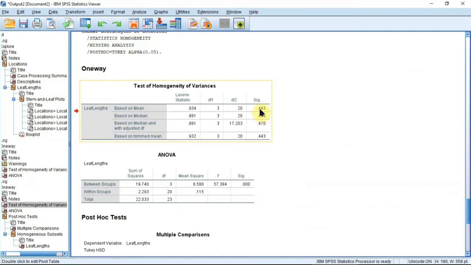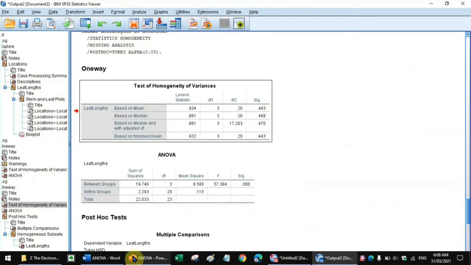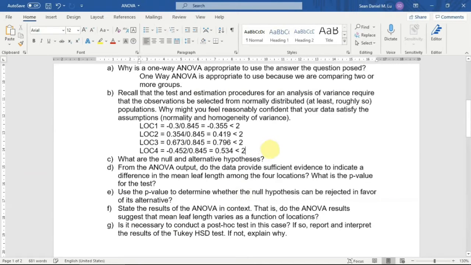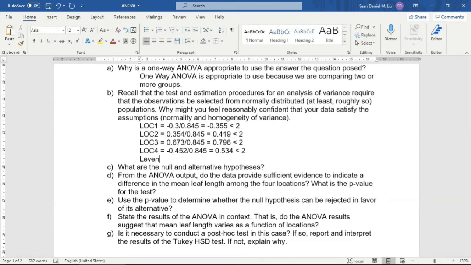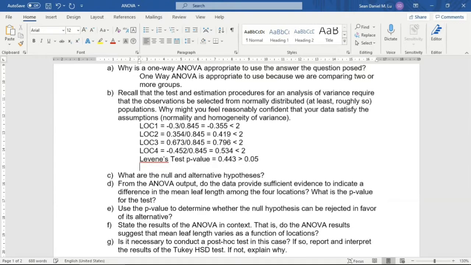Homogeneity of variances: Levene's test p-value is equal to 0.443, which is greater than alpha of 0.05. Therefore, the variances are equal. The samples are normal and the variances are equal.